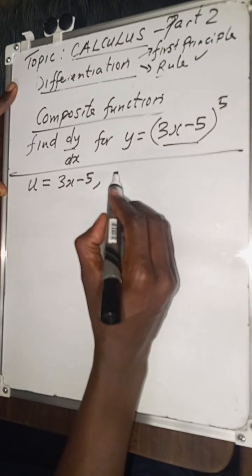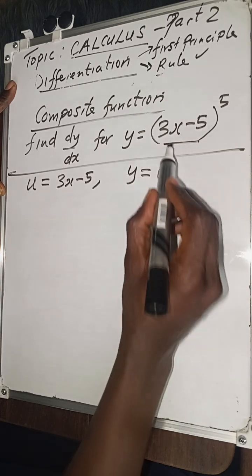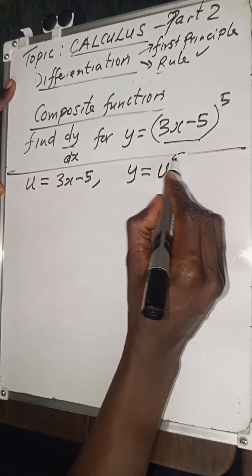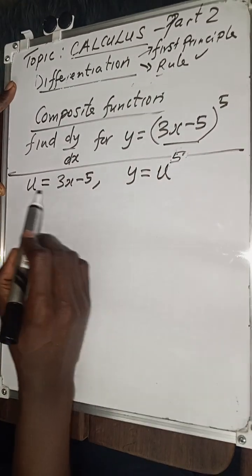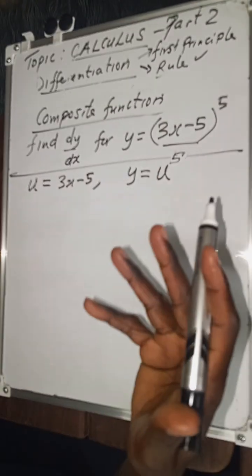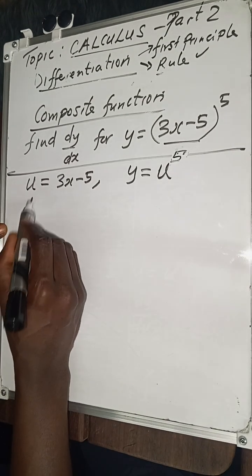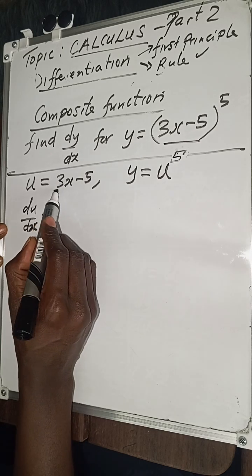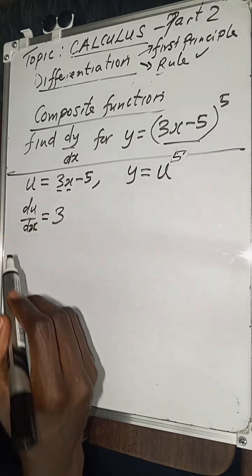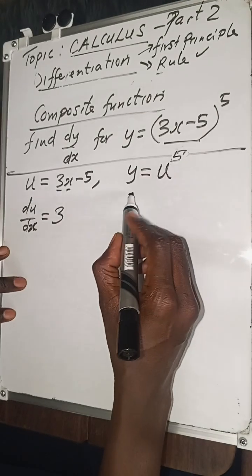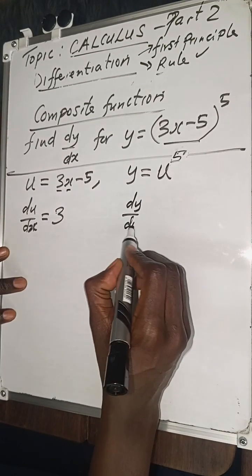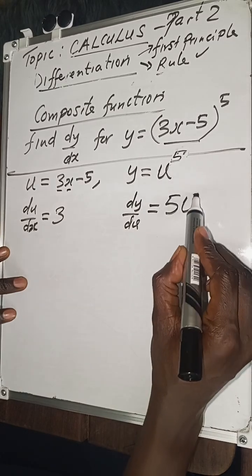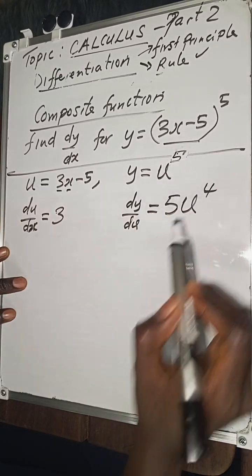It simply means the whole expression can be written y is equal to u raised to the power 5. So we differentiate individually, then we just multiply. Here du over dx will be equal to 3, since for a number and a letter you just remain with the number, and the constant is a 0, so you can ignore it. Then dy over du will be equal to 5u to the power 4, since the power reduces by 1.